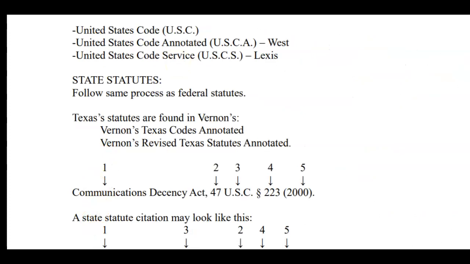A federal statute is printed in 3 different codes, because remember, you have the official, which is the United States Code, abbreviation USC, all in uppercase. You have your unofficial, United States Code Annotated, USCA, all uppercase. These are published by West. And your United States Code Service, uppercase USCS, is published by Lexis.